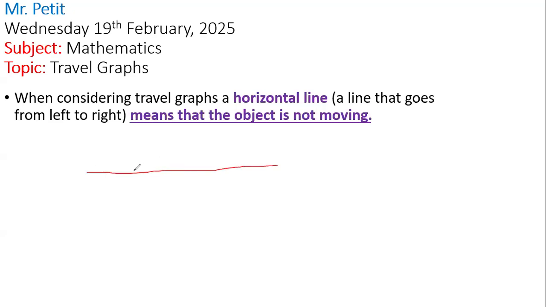Every time we have a horizontal line, write this down for me, please, it means that the object is not moving, or the object is stationary.